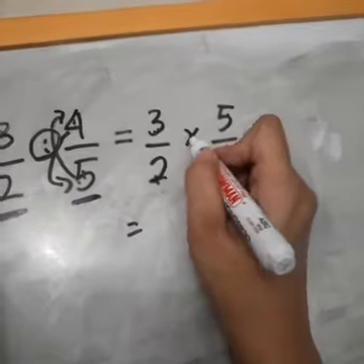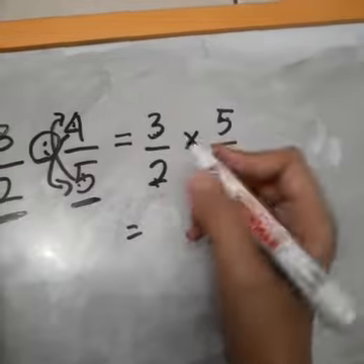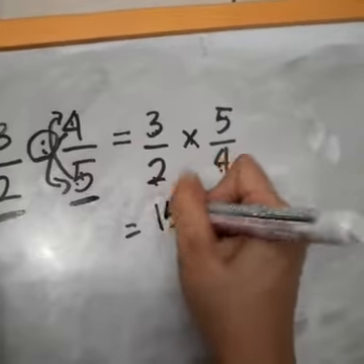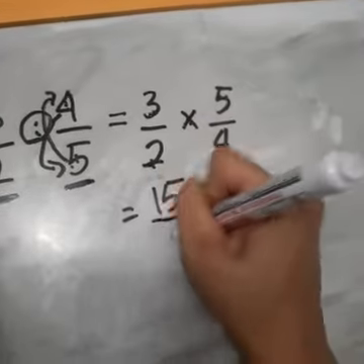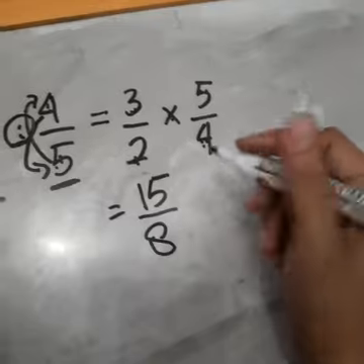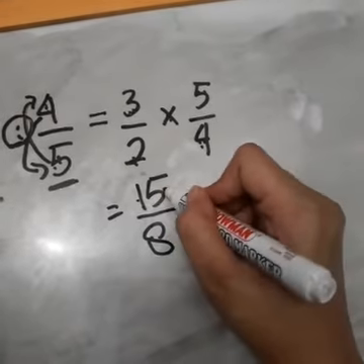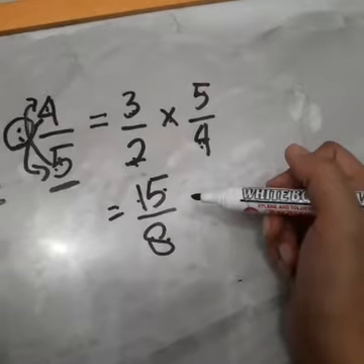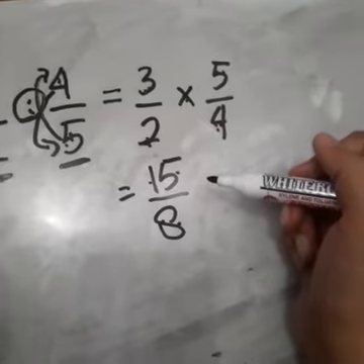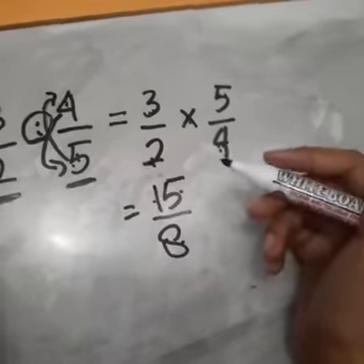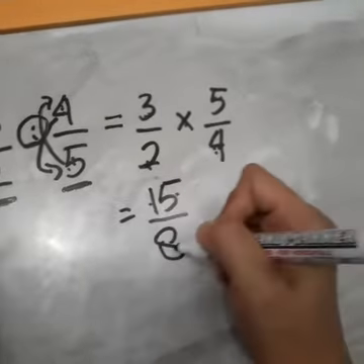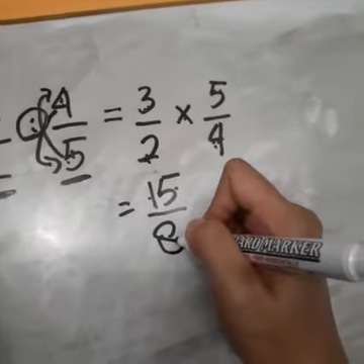3 times 5 is 15. And 2 times 4 is 8. 15/8 is an improper fraction, so we have to change it into a mixed fraction. 15 is greater than 8.